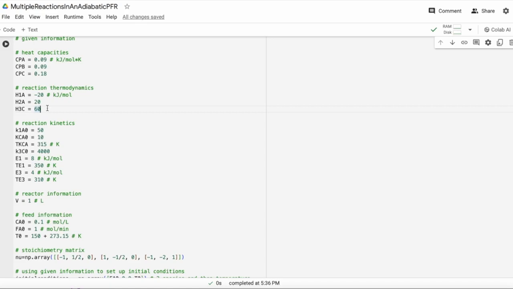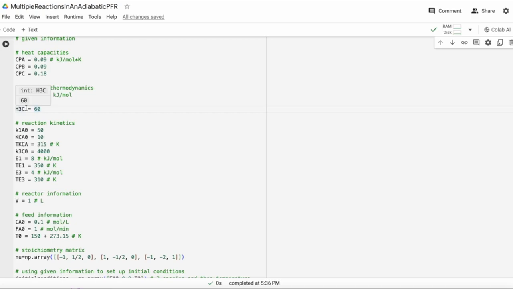One thing that I forgot to show you in the OneNote file: I'm given my heat of reaction for my third reaction, what was originally my second reaction, but is now my third because I rewrote them. I'm given that in terms of moles of species B, but I'm given my rate information for this reaction in terms of species C. So I want to make those two things consistent.